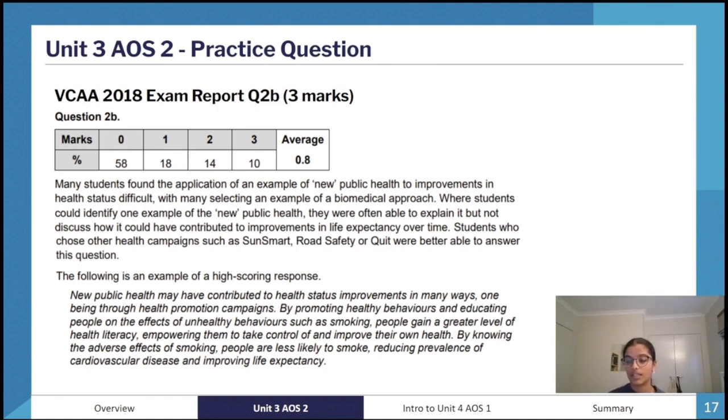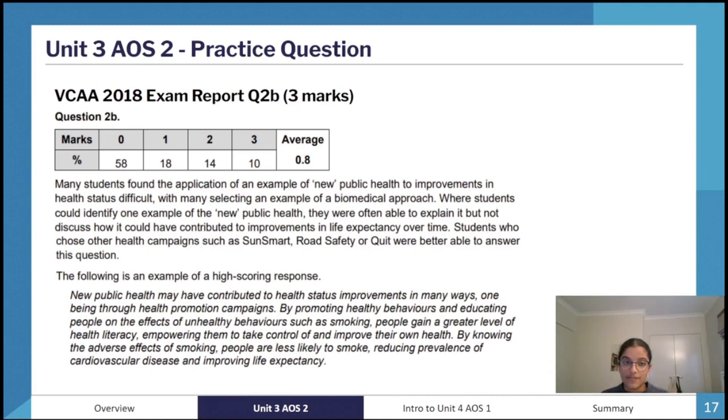In this case, the first sentence of the answer talks about health promotion campaigns, and then it underlines this idea of promoting healthy behaviours and educating people on the effects of unhealthy behaviours such as smoking. This improves health literacy and empowers them to take control of their own health.